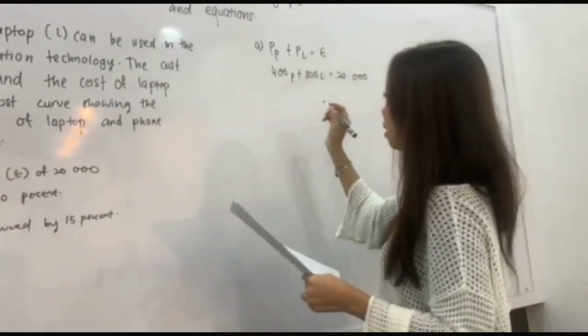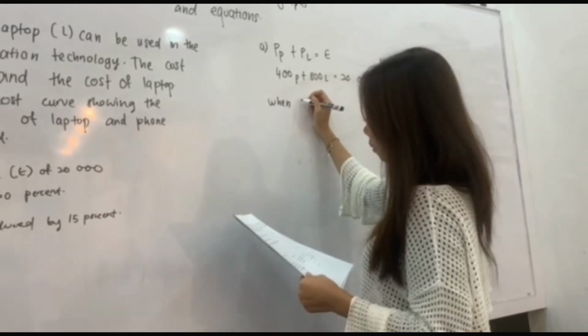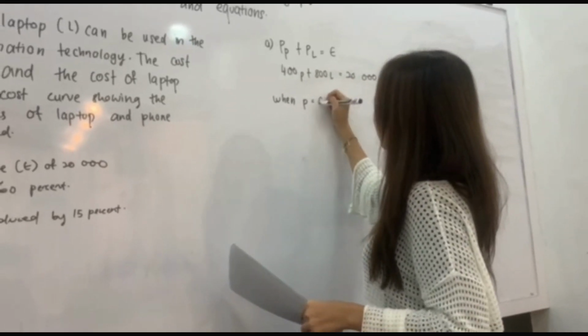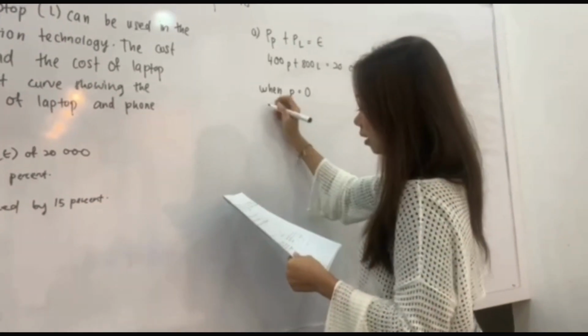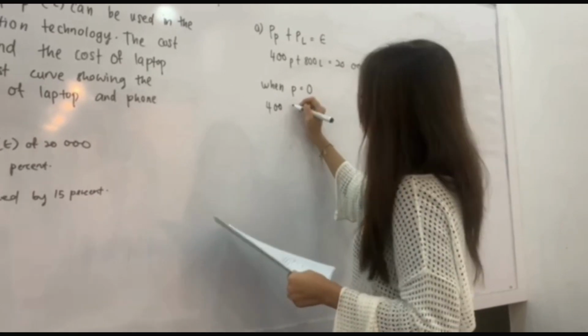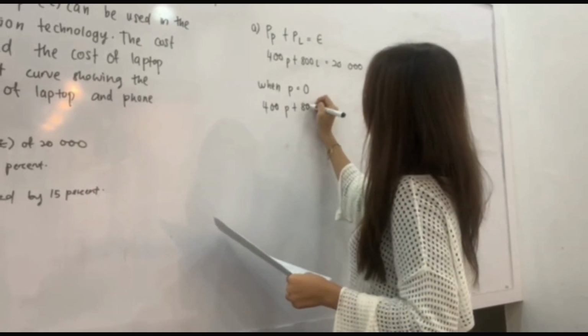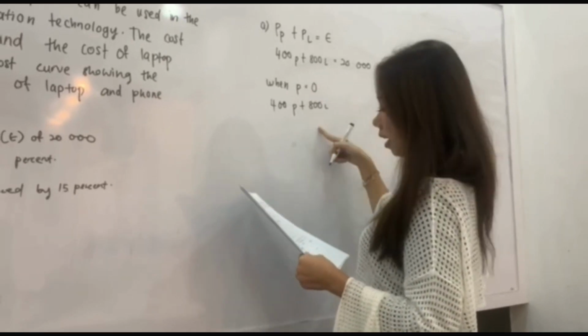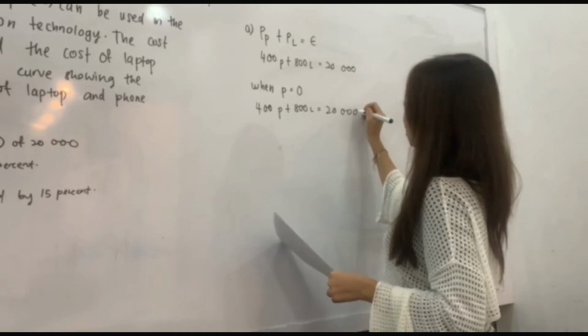So the next step is we need to write the formula when P equals 0. So next is the working here, which is 400P plus 800L equal 20,000.